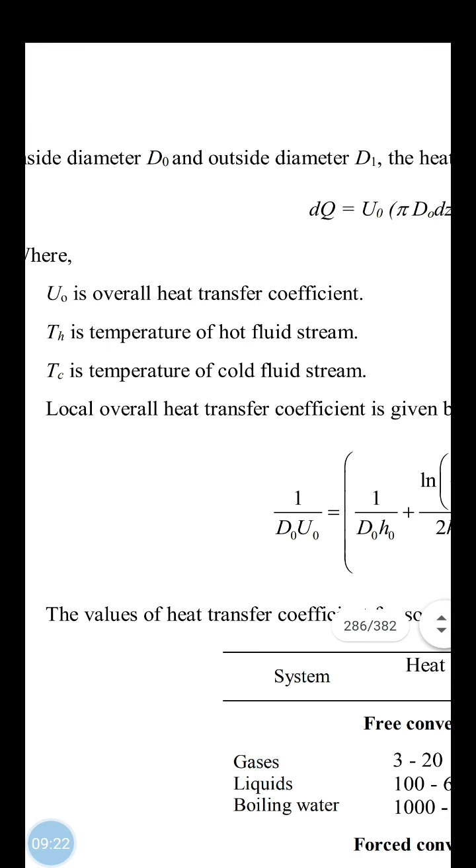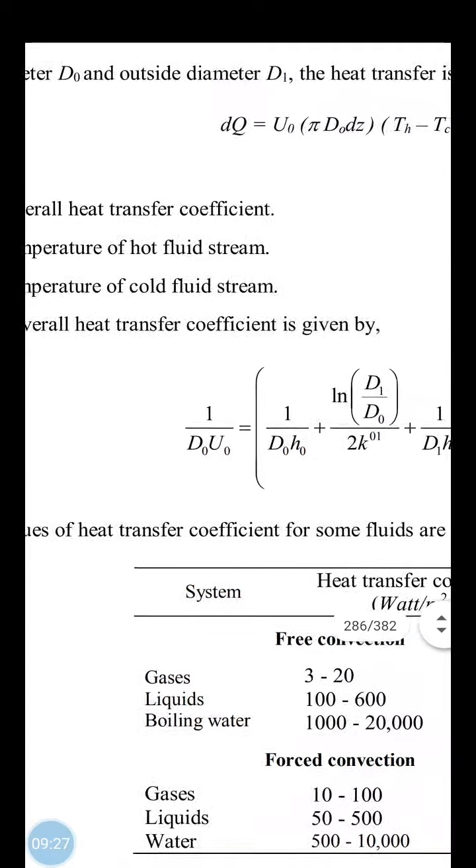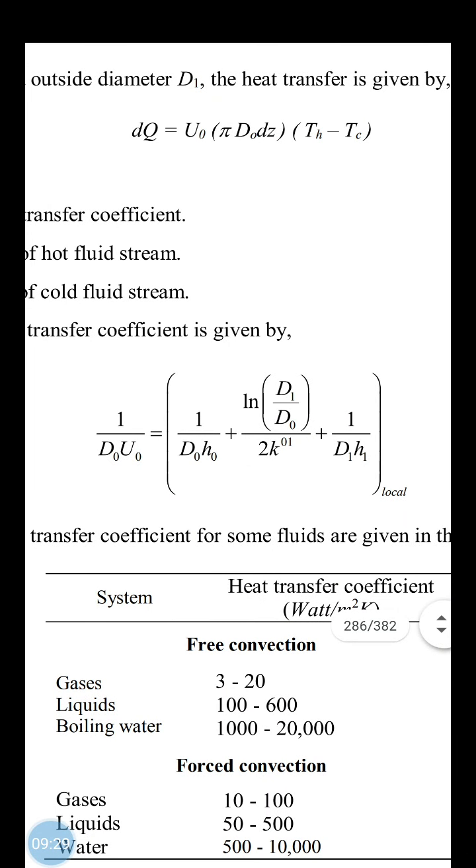Finally, we'll discuss the local overall heat transfer coefficient. If you want to find the overall heat transfer coefficient, it is found by an equation similar to this: 1 upon d naught into U naught is equal to 1 upon d naught into h naught, plus ln of d1 by d naught upon 2 k, plus a few different logarithmic terms, and the final term will be plus 1 upon d1 into h1, where capital U is the overall heat transfer coefficient and small h is the individual heat transfer coefficient.